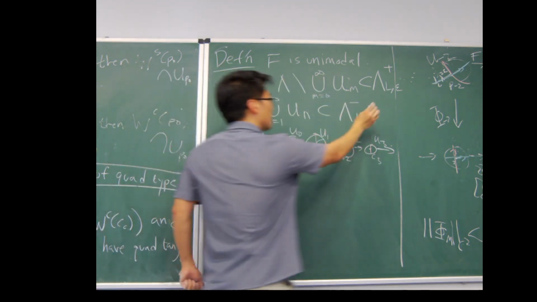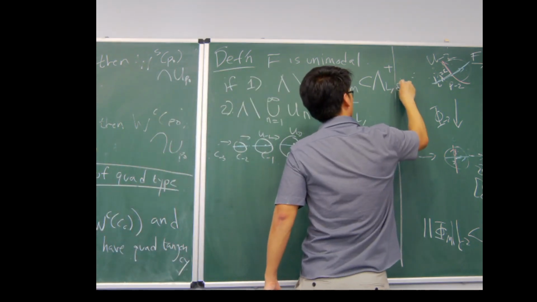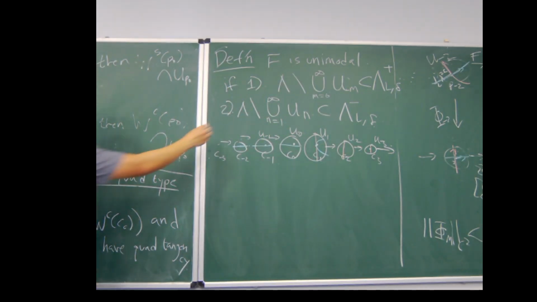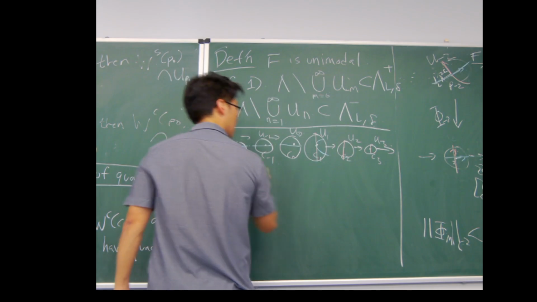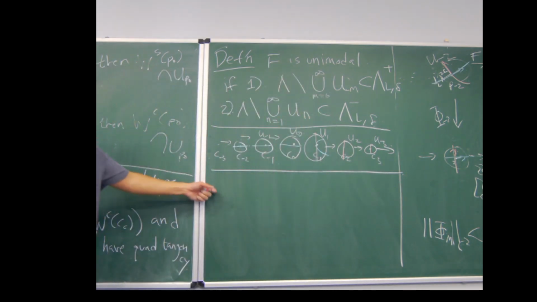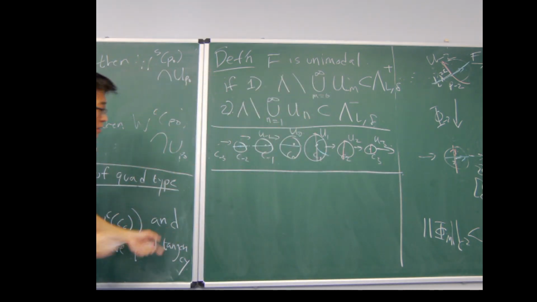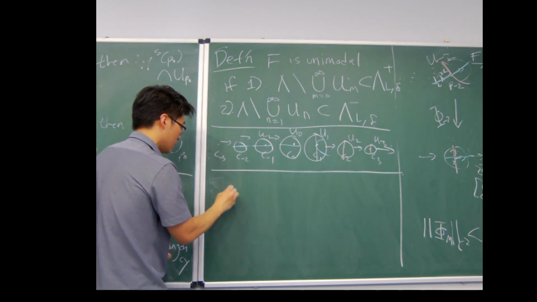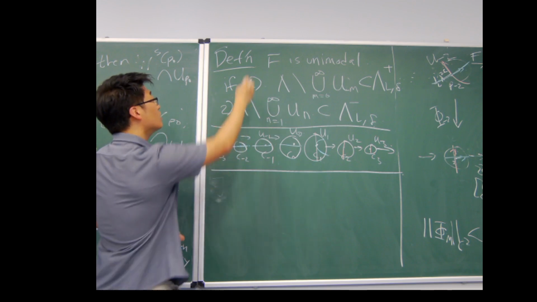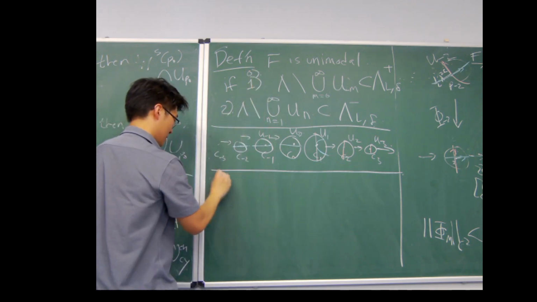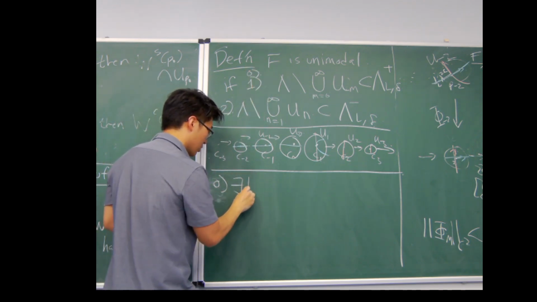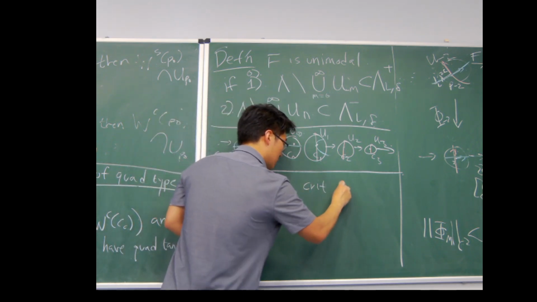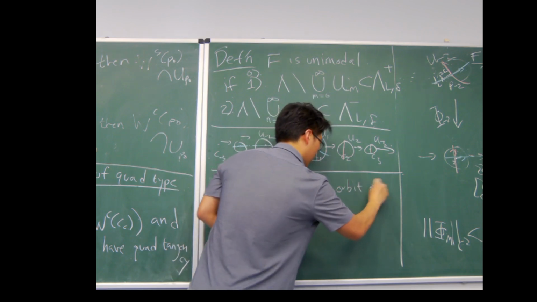Oh, actually, you know what? Let me change this a bit. I should add this quantifier to this definition. So actually condition 0 is that there exists a unique epsilon regular critical orbit of quad type.